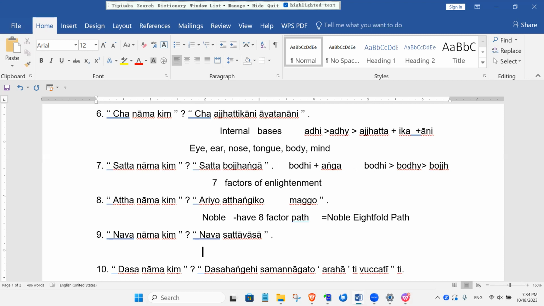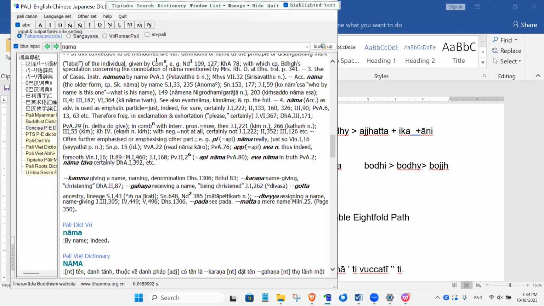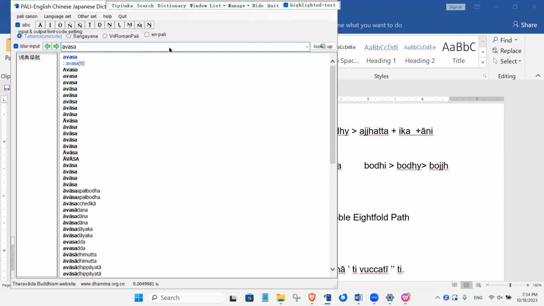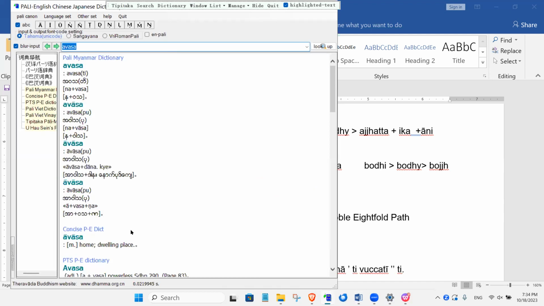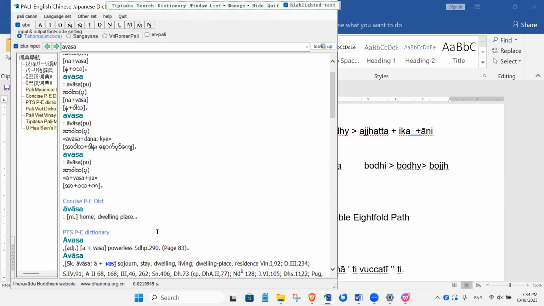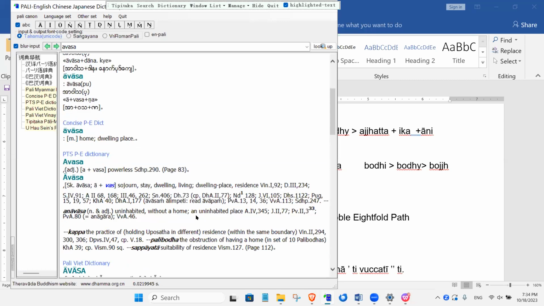Now 9. Sattavasa, 9 abodes of beings. Short a or long a, avasa. Avasa means dwelling, home.